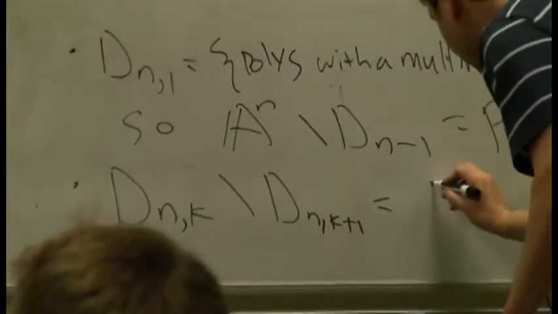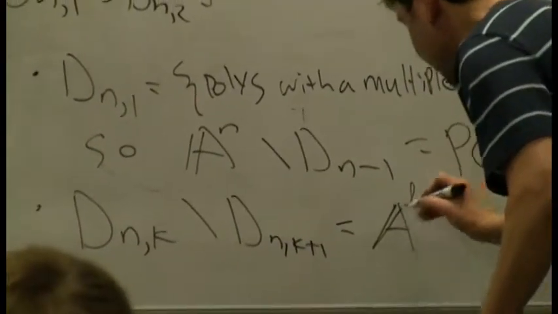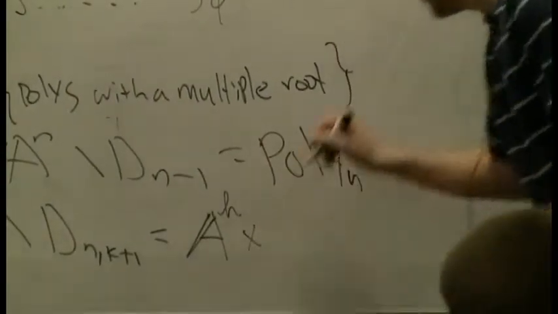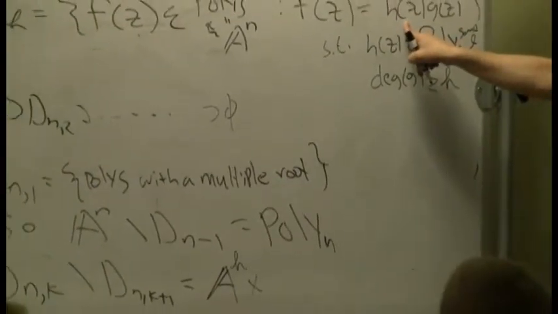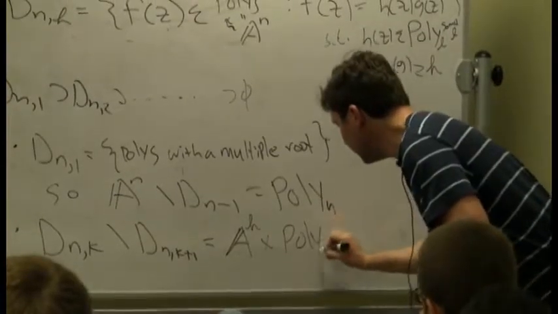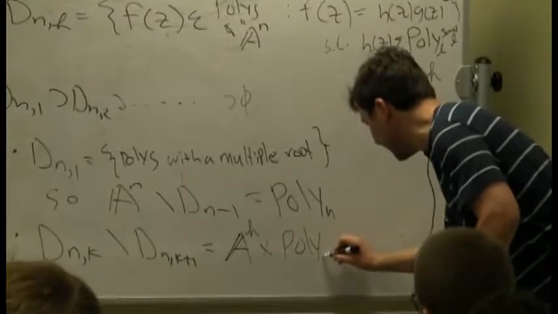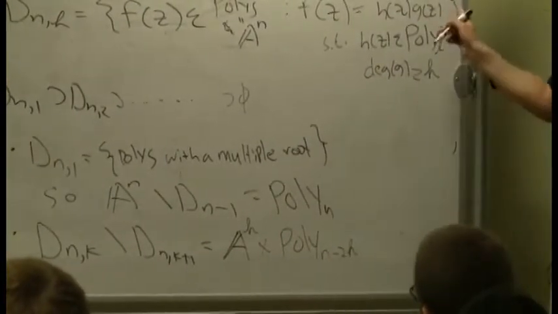What is the set of such things? This is any polynomial of degree k, so it's A to the k. And then times a polynomial without repeated roots. And its degree better be, if it all adds up to n, it better be n minus 2k, because you're squaring the other.